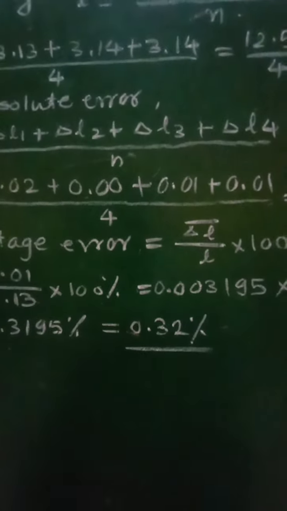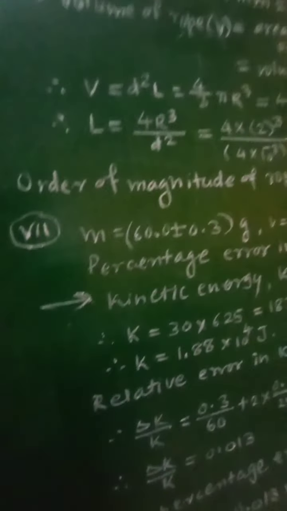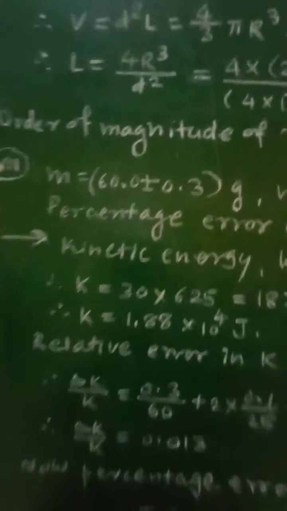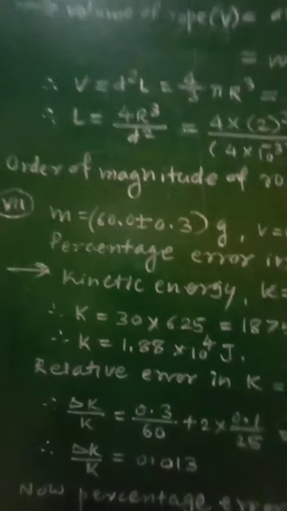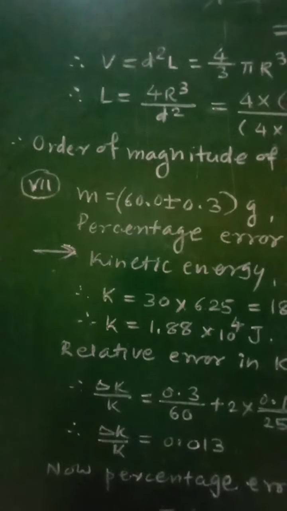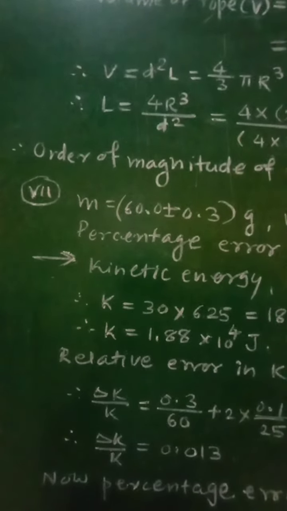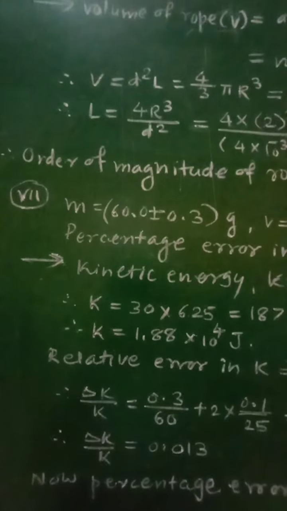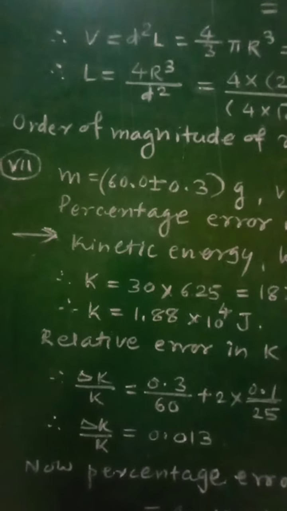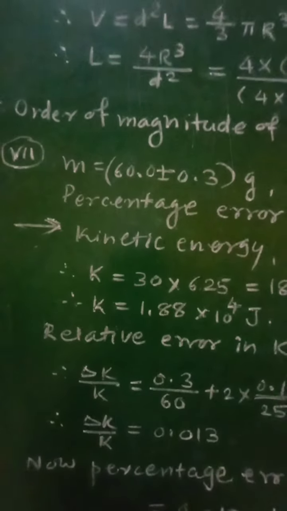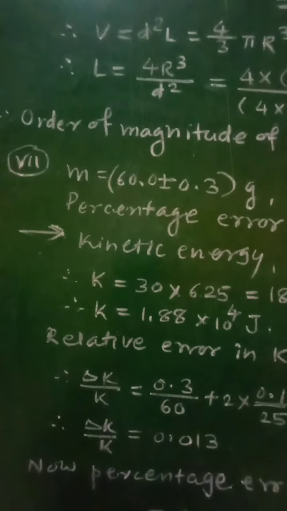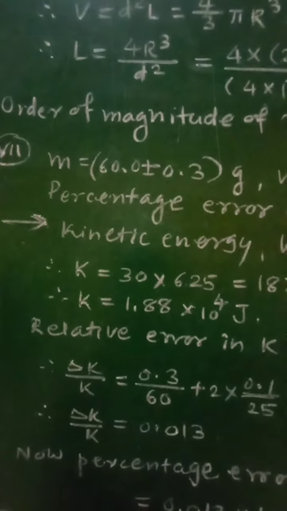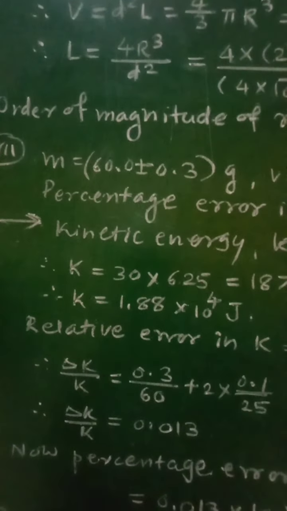And now let us go for the next numerical, numerical number 7, which is given as: find the percentage error in kinetic energy of a body having mass 60.0 plus minus 0.3 gram, moving with a velocity 25.0 plus minus 0.1 centimeter per second.